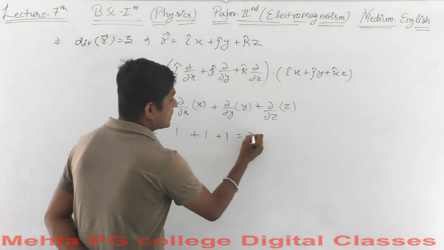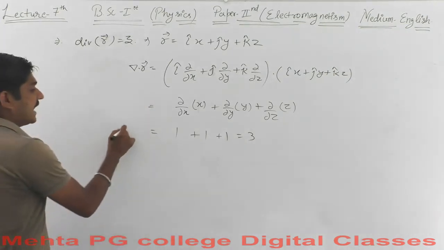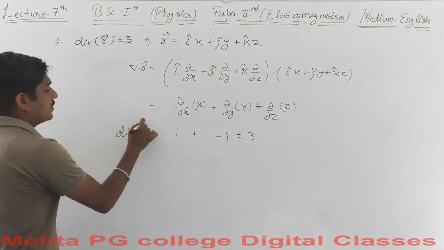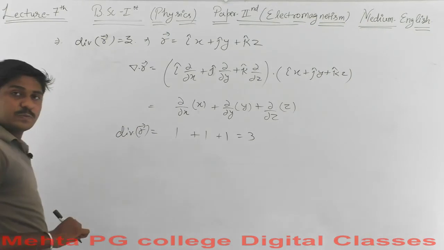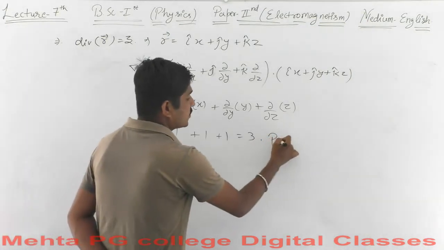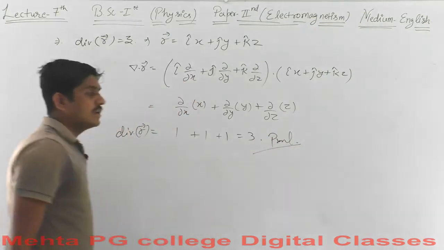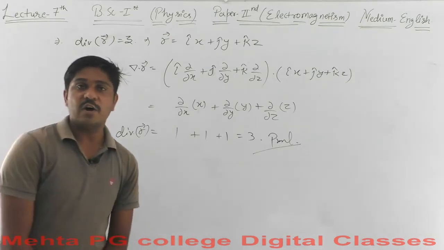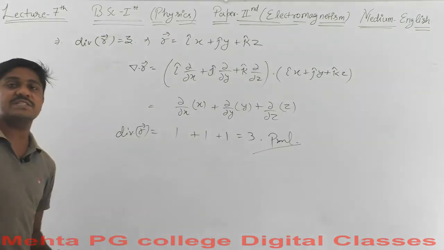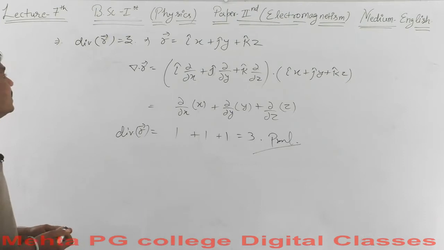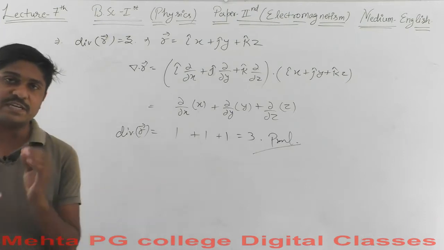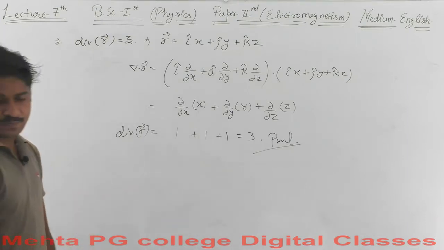So the whole quantity equals 3. So the divergence of position vector is equal to 3. So this is what we were required to prove, and we have proved it. Okay, we are done with this example. You can take a screenshot for your reference. Then I will have a more complicated example for you.